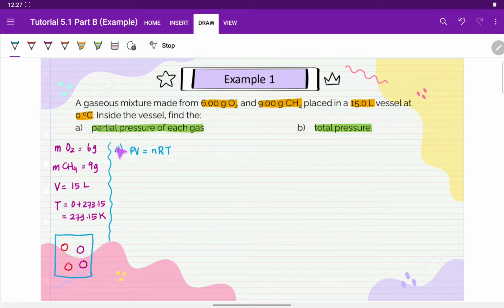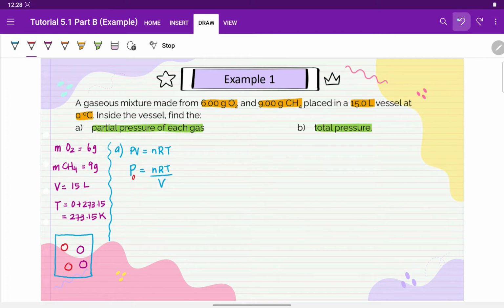If we want to use this equation, what must we do? I rearrange it first so that we get pressure. So pressure equals nRT over V. If I want the partial pressure of oxygen gas, the number of mole here must be the number of mole of oxygen.